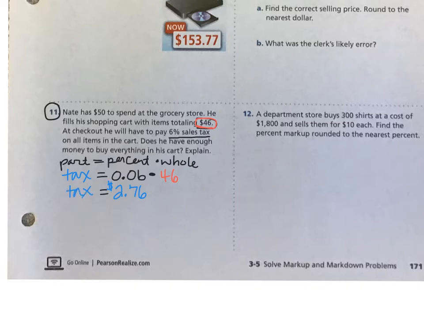Now, it said Nate at the beginning of the problem has $50. He currently is spending $46 on his items in his shopping cart, plus he has to pay the sales tax of $2.76. So how much is Nate spending altogether?